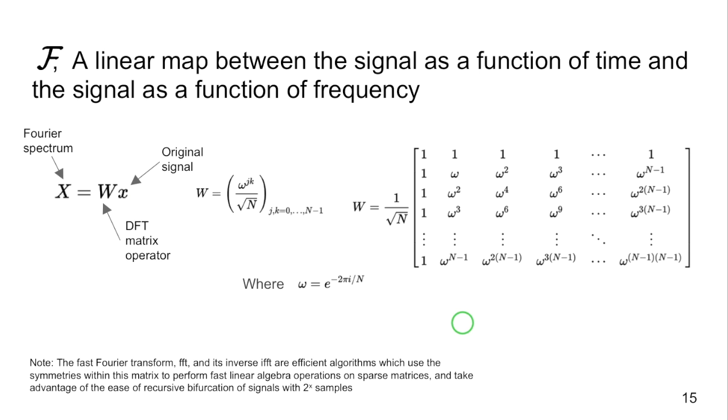And it's aided by the fact that if your signal has a number of samples equal to a power of 2, you can cut the signal in half many times. Higher level functions which do an FFT for you these days will not force your signal to be in a power of 2. It will just pad the signal until it reaches a power of 2.